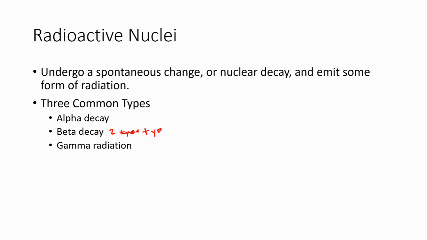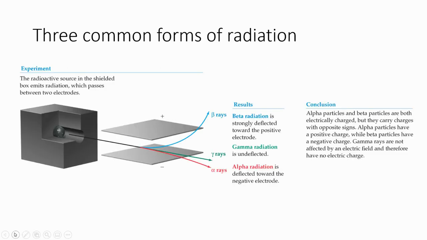And we're going to see a type of radiation known as gamma radiation, which is released in a lot of these processes, which produce enormous amounts of energy. So a radioactive nucleus is one that is going to change because it's unstable and emit some form of radiation, whether that be a particle or energy of some type. Let's look a little closer at these three forms of radiation that are often released.